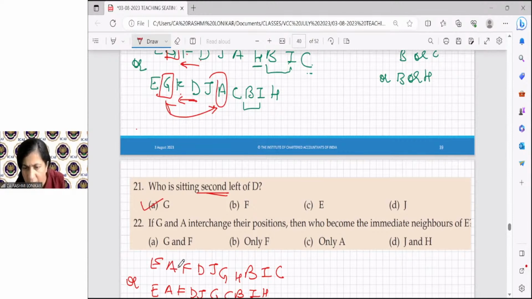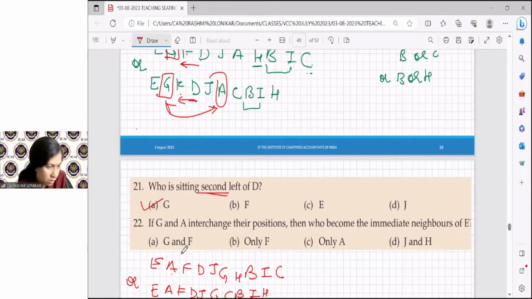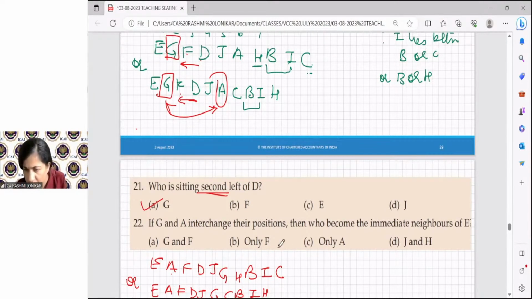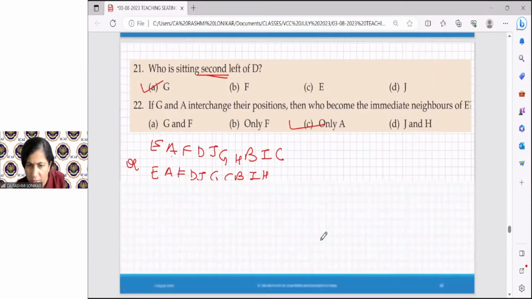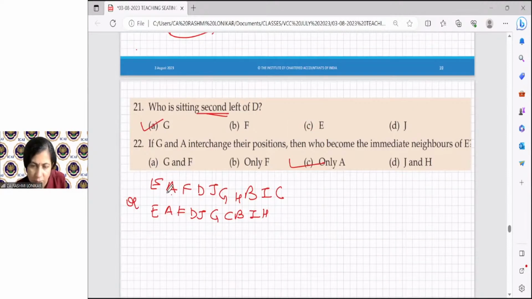A. 22nd, C, only A. Because in both the cases, can you see this? Who is the immediate neighbor of E? Only A.